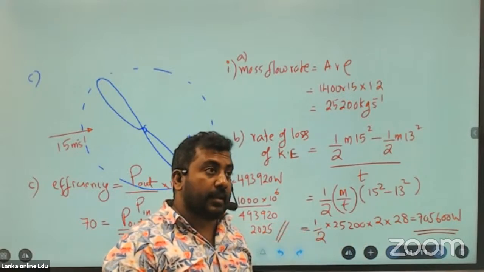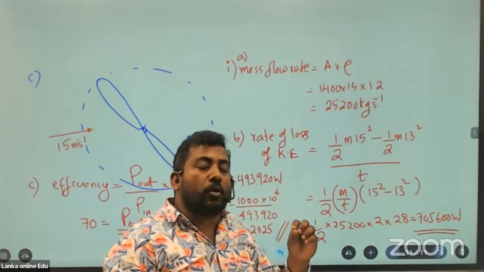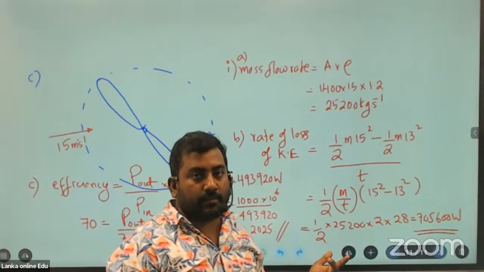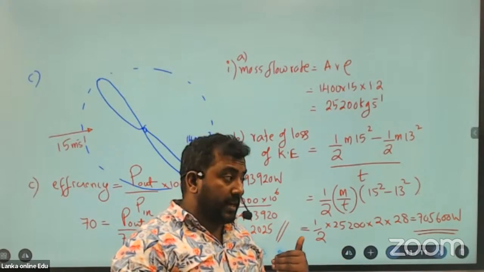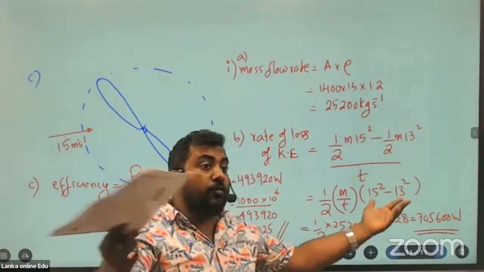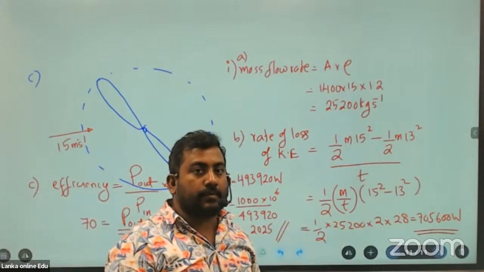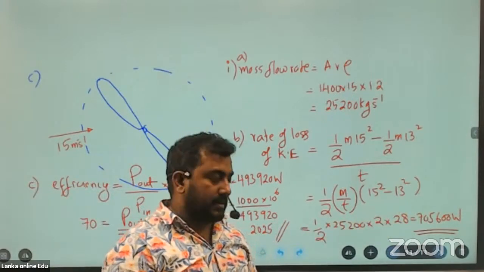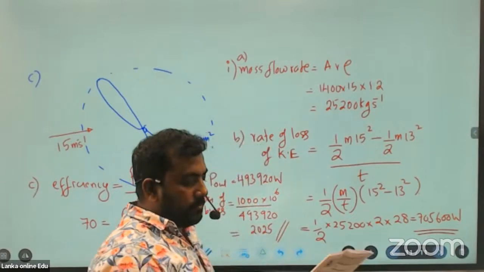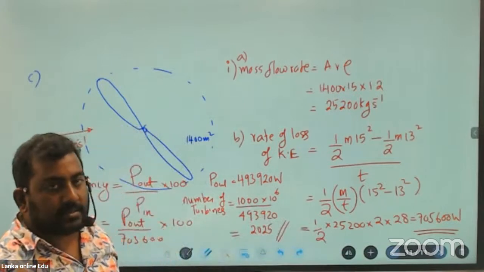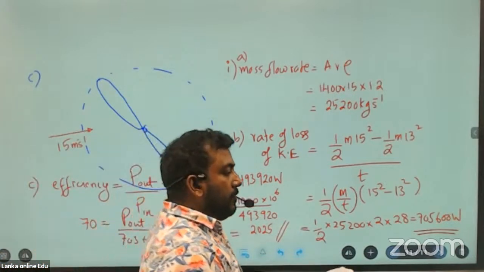Disadvantages: number one, wind speed won't be uniform throughout the year. Number two, to generate, we need a lot of windmills, so there'll be a problem with space. We need more space.